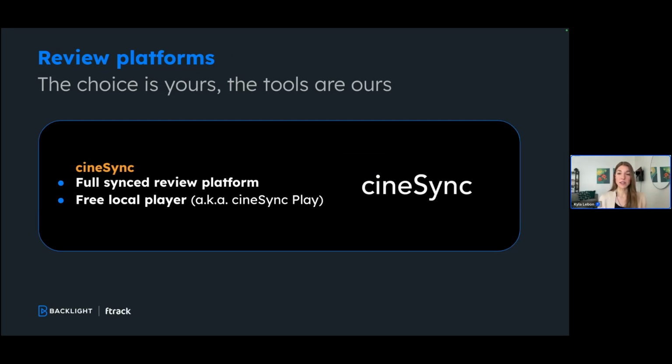And it also gives you access without a subscription to an integration with Ftrack. So if you wanted to be able to pull down any of your media from your Ftrack workspace, push notes from a CineSync review back into your Ftrack projects, you do have that functionality. So if you think that that is interesting, that it might help you out at your studios, please go ahead and download CineSync Play and give that a try.